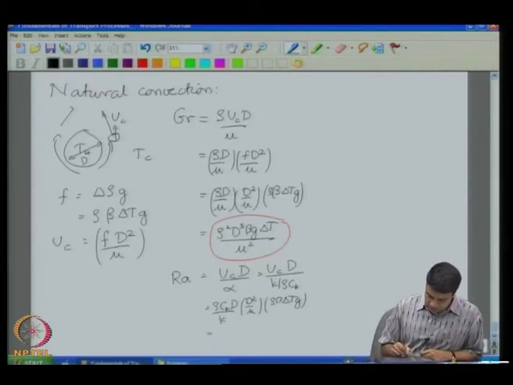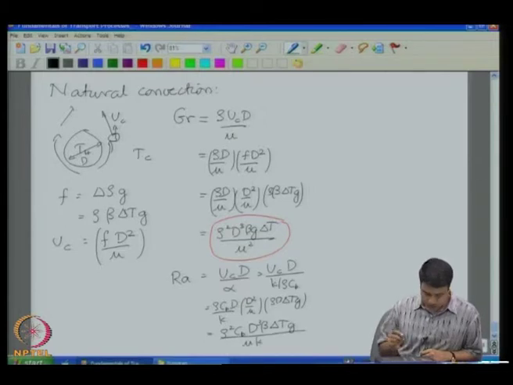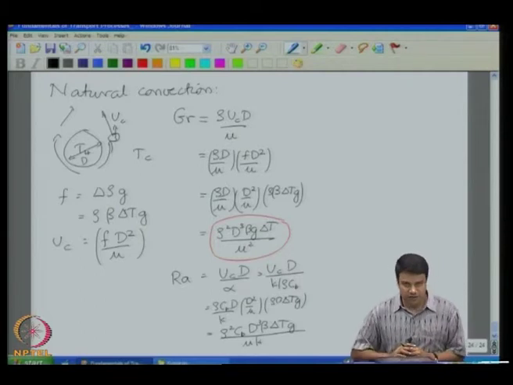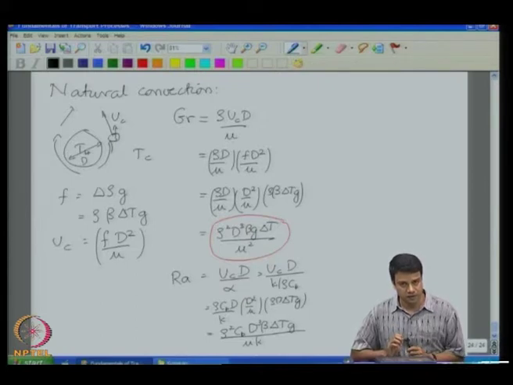So, this works out to rho square C p d cubed beta delta t g by mu times k. Once again a complicated number, but if you break it down to the ratio of different forces, it is quite easy. It is basically a ratio of convection and thermal diffusion.